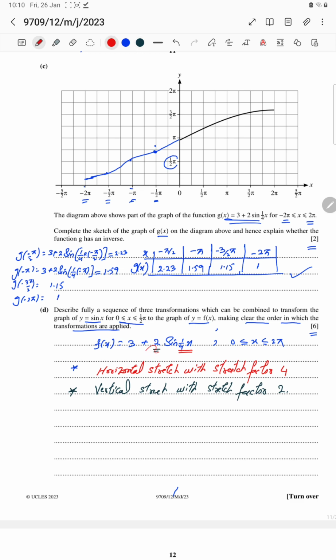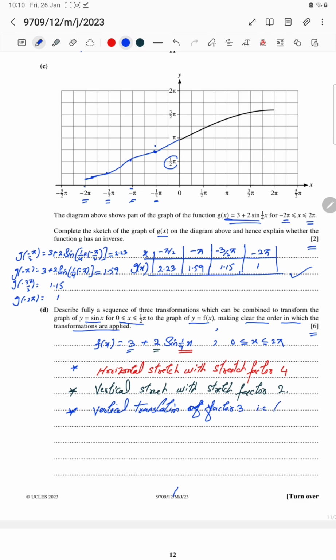And finally this 3 is a vertical translation, vertical meaning along the y-axis, horizontal meaning along the x-axis, a vertical translation of 3.